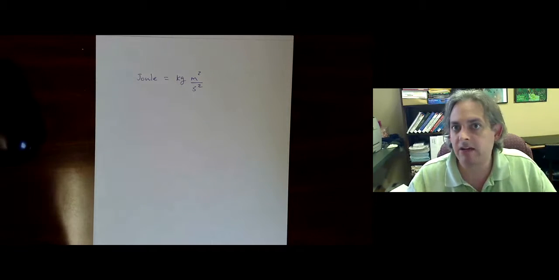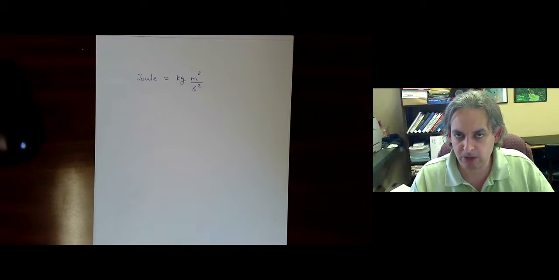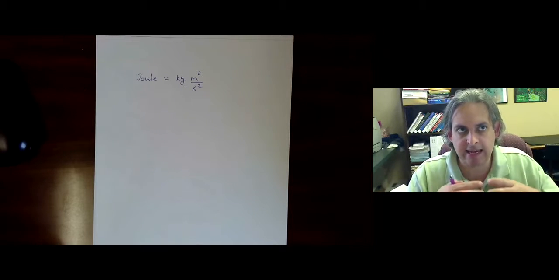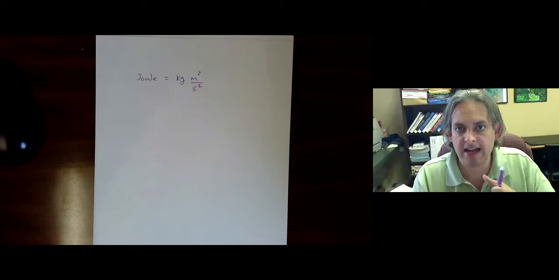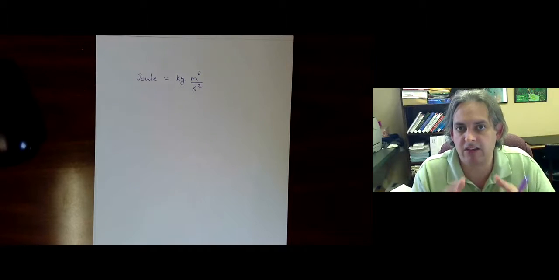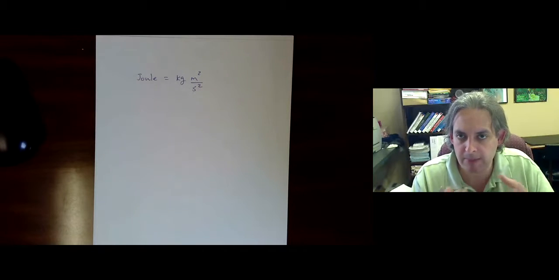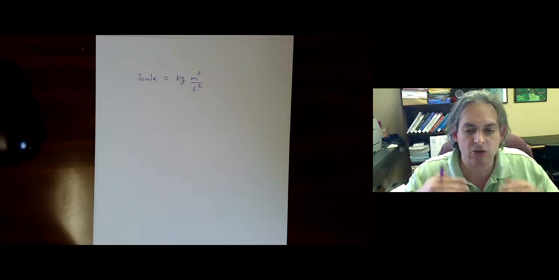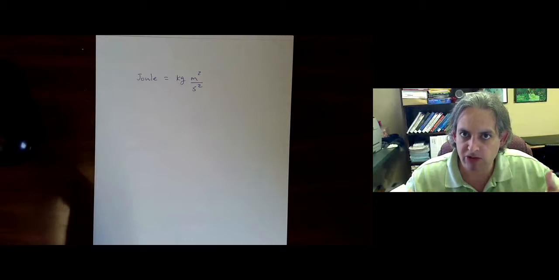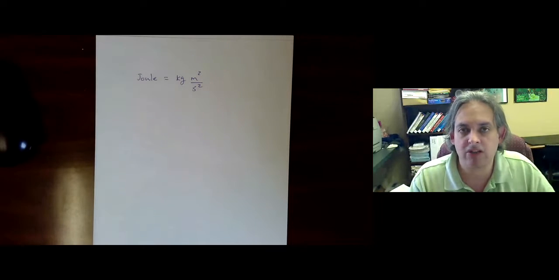Temperature has many different scales as well. And so temperature, like I said, is a measurement of how fast the thermal energy of the substance, how fast the molecules that make up the substance are moving, what their kinetic energy is. And so as that kinetic energy or thermal energy goes up, the temperature of the substance will correspondingly go up.